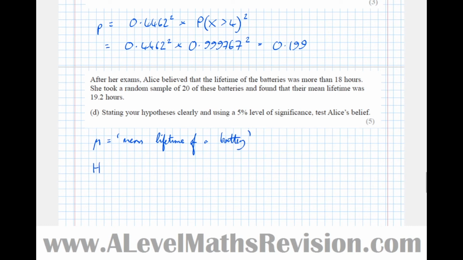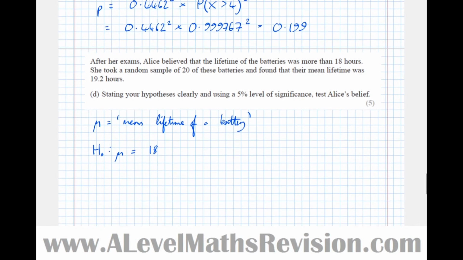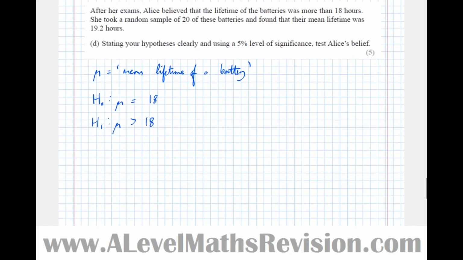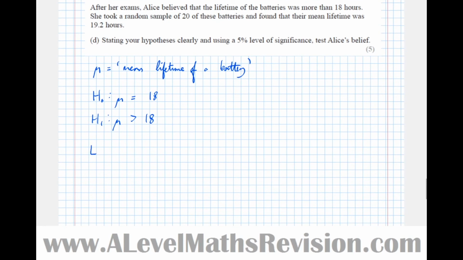Our null hypothesis was that all was well and our assumption of 18 hours was correct. Our alternate hypothesis was she suspects that they last more than 18 hours. And we're not testing L anymore, we're testing L bar, which now has the distribution with mean 18, but the variance has changed.